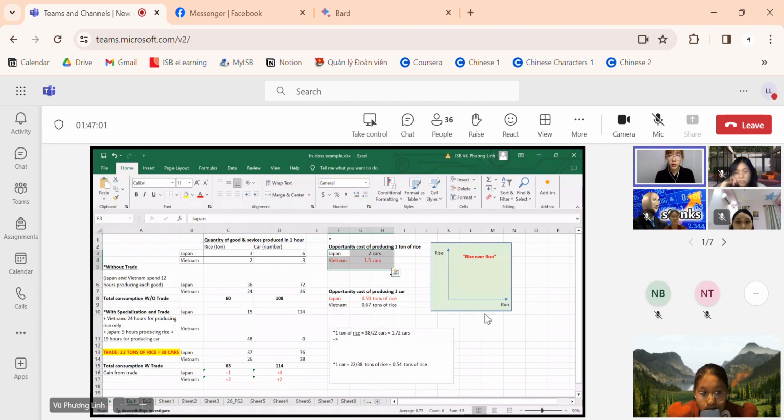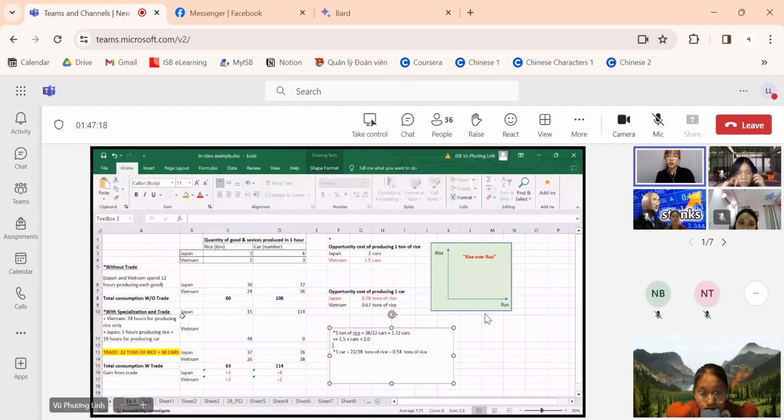The rate must be larger than 1.5, but smaller than 2. That will give you a suitable trading rate that benefits both countries from the trade.